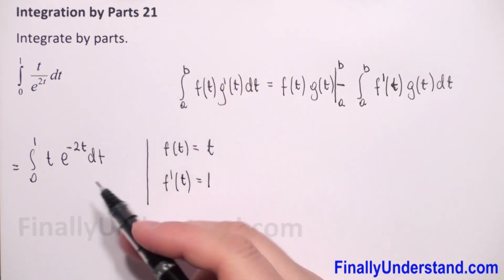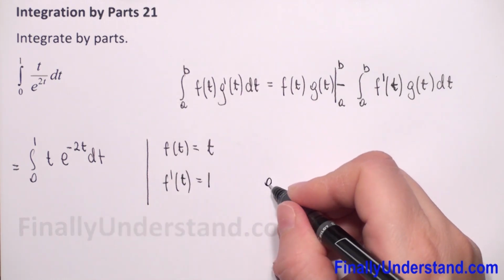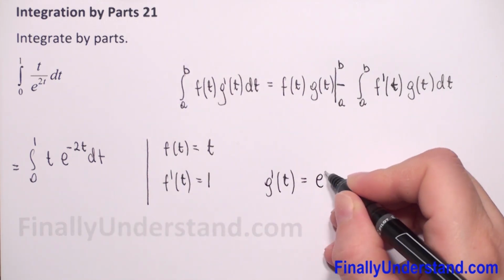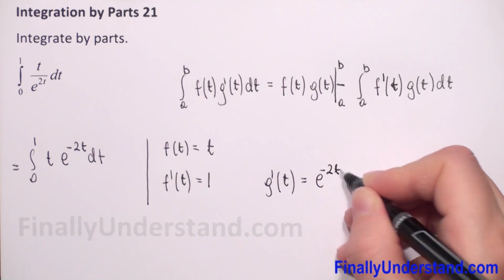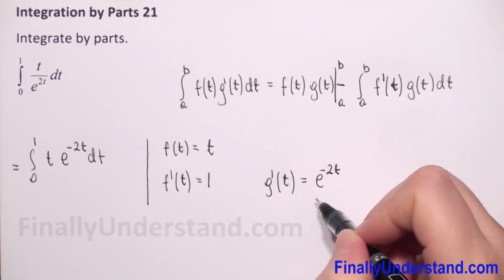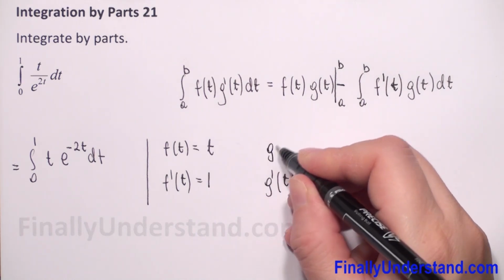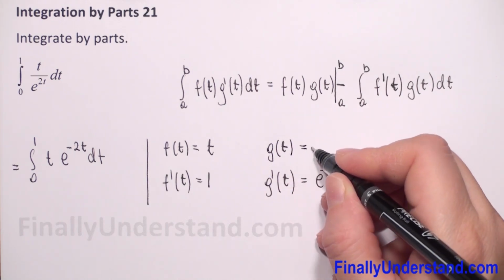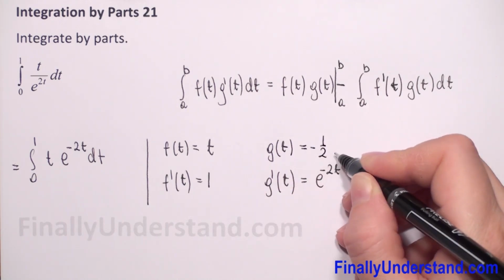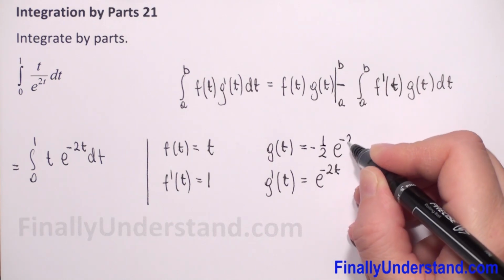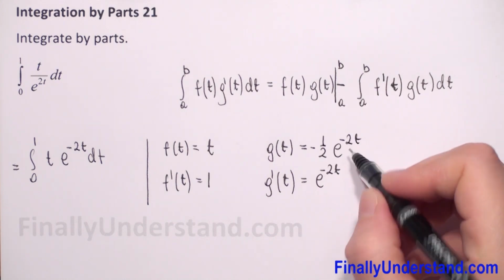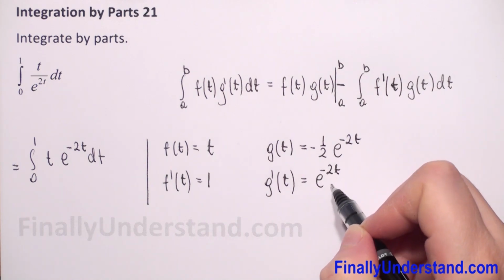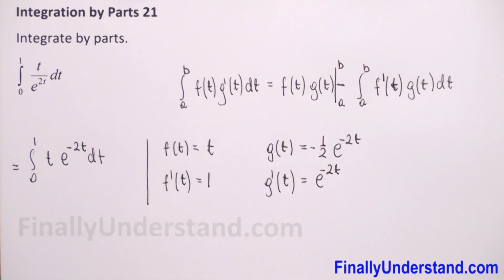And whatever left, so we have g prime of t is equal e to power negative 2t. Now we need to find antiderivative, so g of t is equal negative 1/2 times e to power negative 2t. You can always check when you take derivative of this expression, you should get g prime.